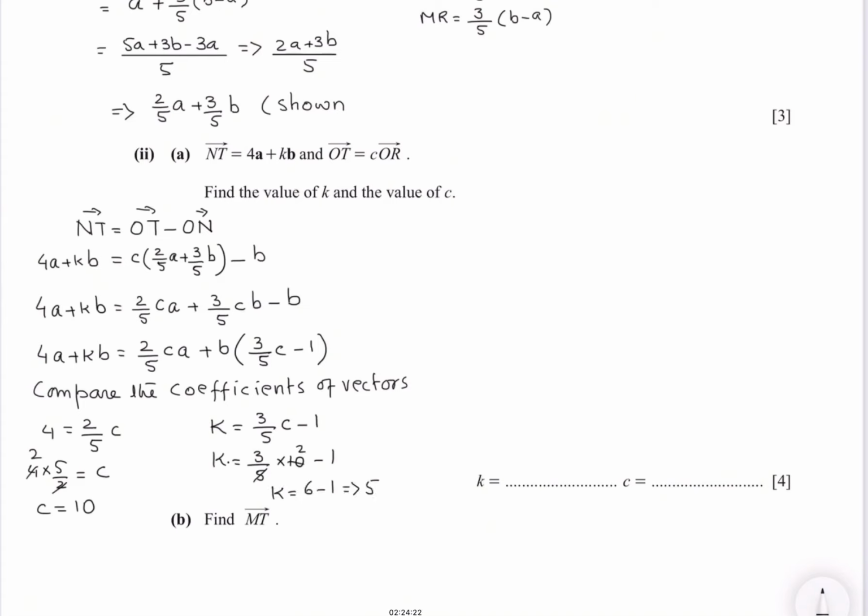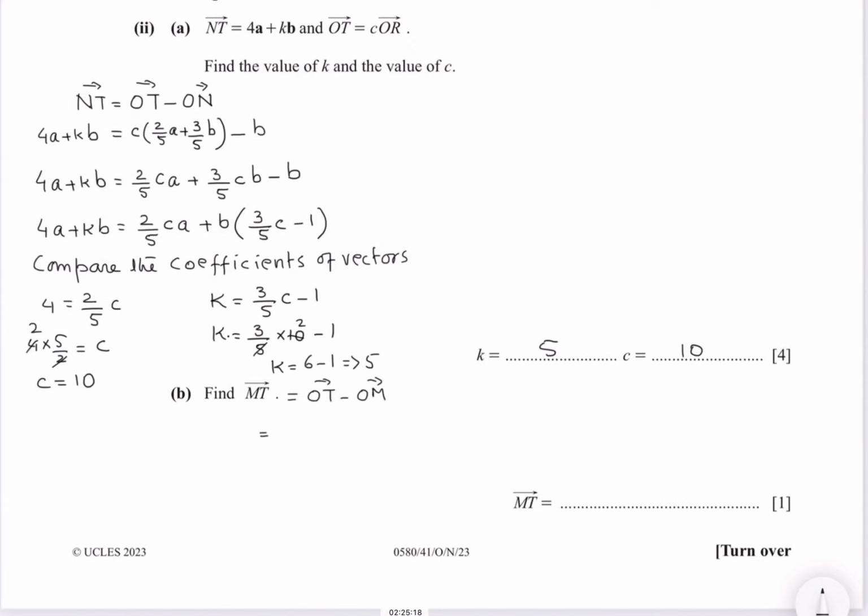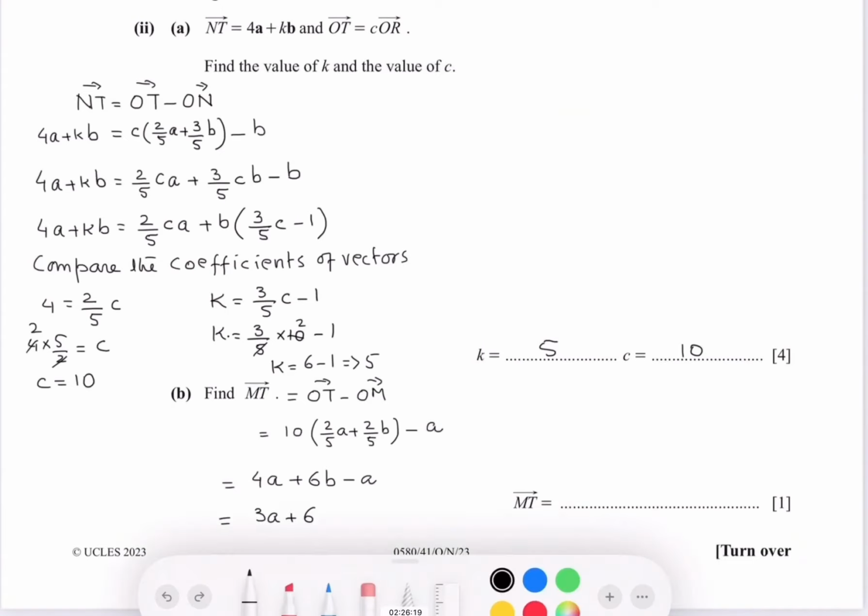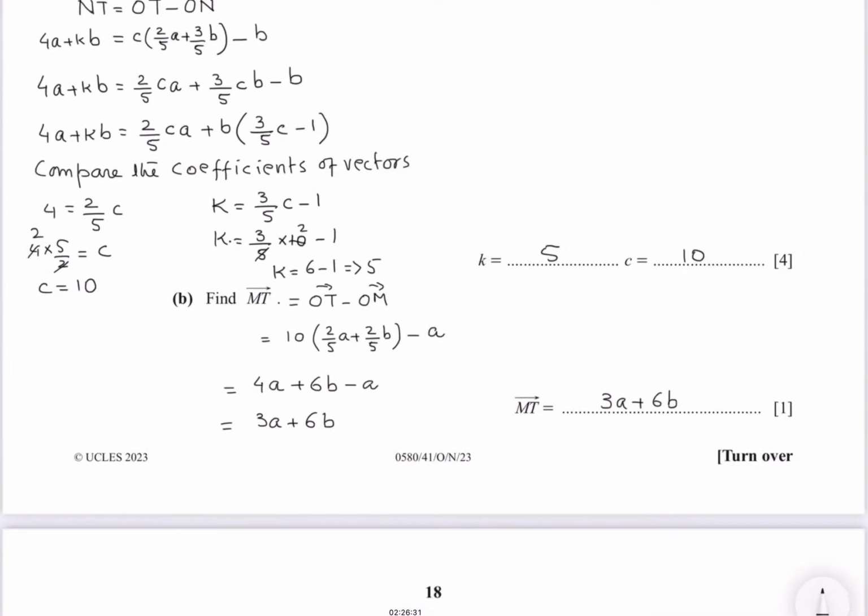Simplify it and you get the value of K. So K is 5, C is 10. MT is OT minus OM. OT is 10 times 2 over 5 A plus 2 over 5 B, minus OM is A. Now simplify this, you get 4A plus 6B minus A, which is 3A plus 6B.